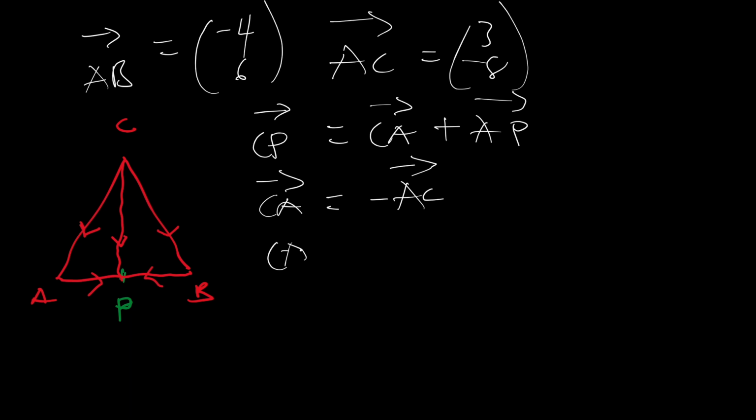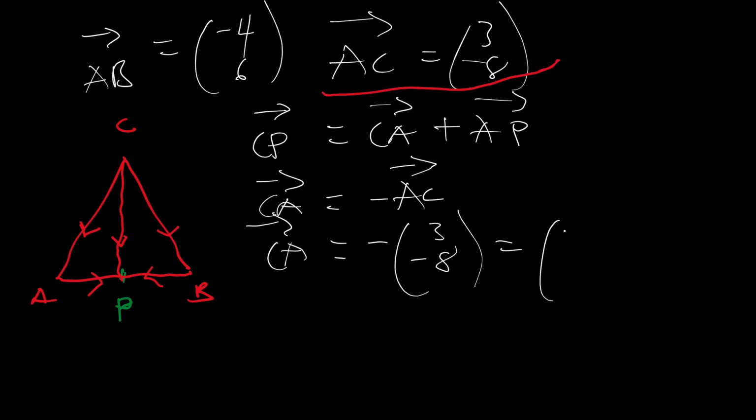So our CA will be equal to negative, we know that AC is (3, negative 8), so negative (3, negative 8). And this will give us (negative 3, 8). Now we also know that AP is half of AB.